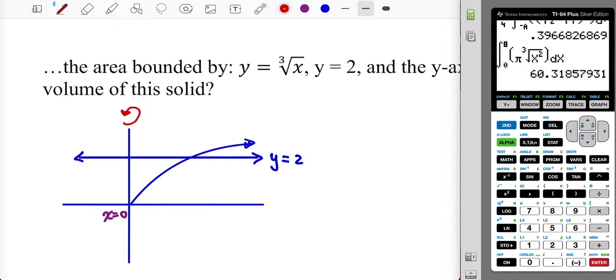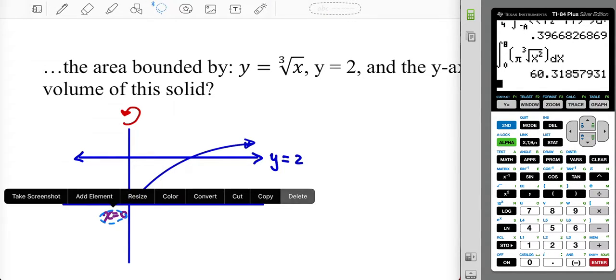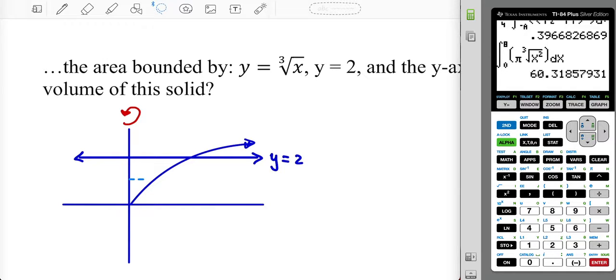The bounded region is going to get spun around the y-axis. So we're talking about this little rectangle here forming the radius of a circular slice.